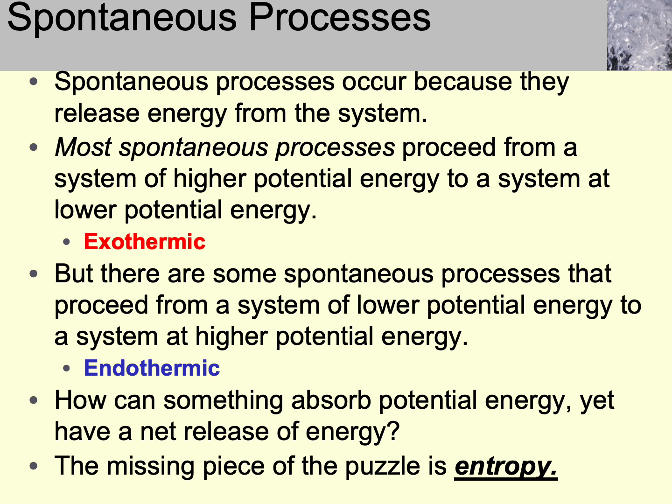How can something absorb energy yet have a net release of energy? The missing piece of that puzzle is called entropy, because a favorable entropy is actually more important than an unfavorable enthalpy.